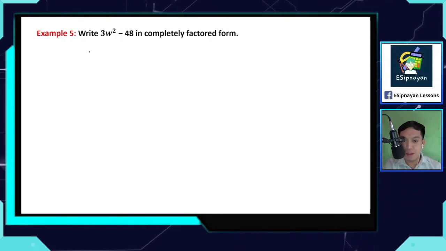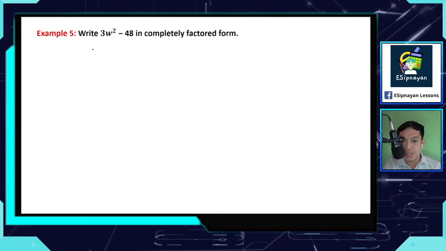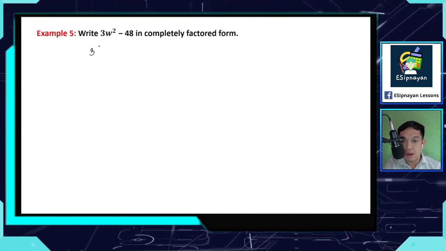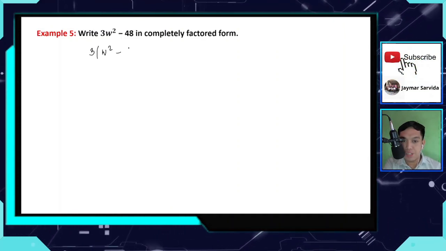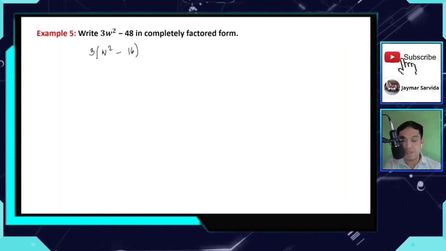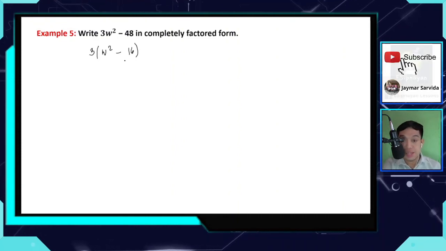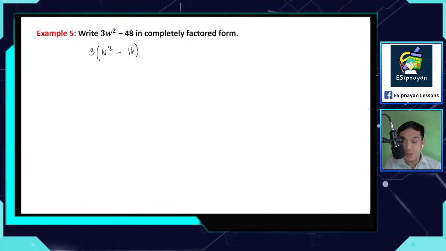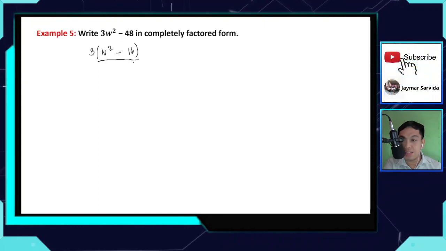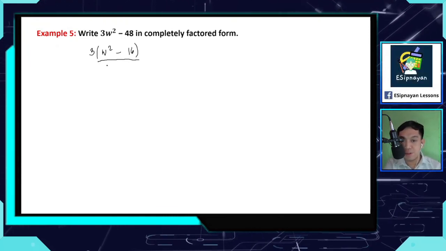So, ito ay magiging, ganito siya class ha, 3 times w squared minus 16. Okay, kasi finactor out natin yung 3 dito. Tapos, itong nasa loob ng ating quantity na w squared minus 16 is a difference of 2 perfect squares. So, isolve muna natin itong w squared minus 16.